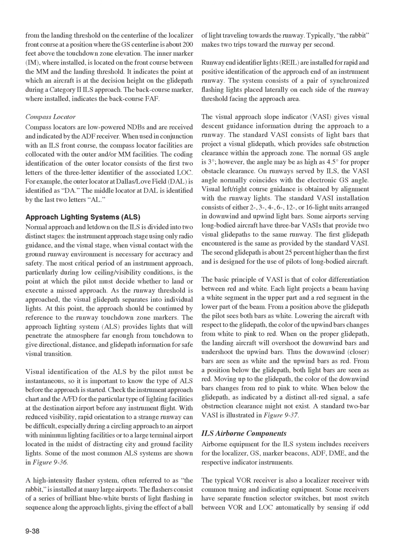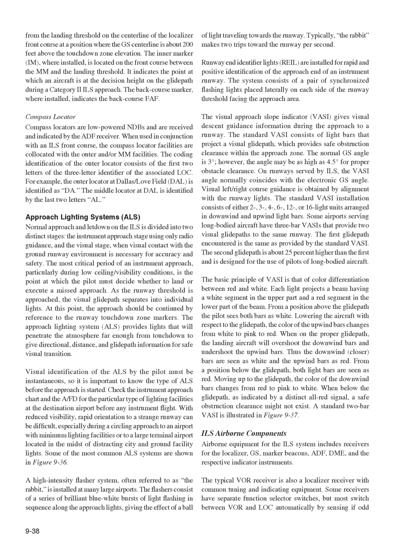The approach lighting system, ALS, provides lights that will penetrate the atmosphere far enough from touchdown to give directional, distance, and glide path information for safe visual transition. Visual identification of the ALS by the pilot must be instantaneous, so it is important to know the type of ALS before the approach is started.